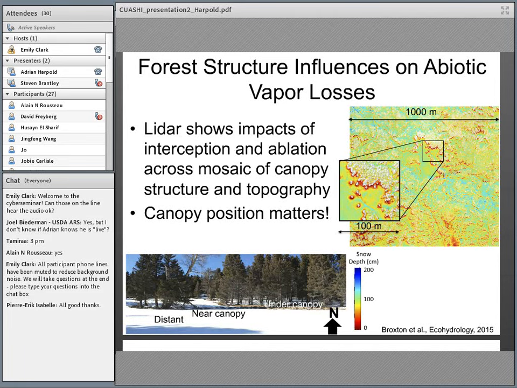You can see at the 1 kilometer scale very strong variability across this site that's relatively flat, driven principally by vegetation canopy cover. And then if we zoom in here at the 100-meter scale, we see tremendous variability in open areas and near canopy that would be difficult to explain with just a simple canopy cover metric for interception.